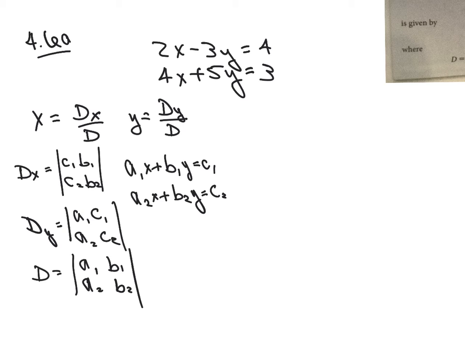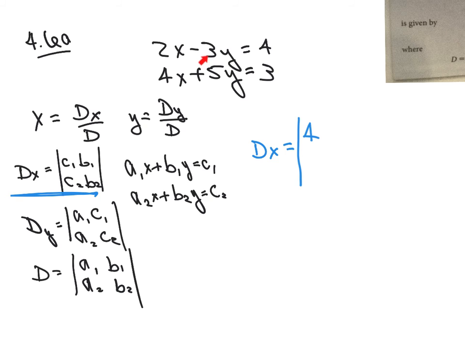So let's go with blue. Dx equals, it says C1. C1 is the last number of the top equation, which is a 4. B1 is the number in front of the y here.